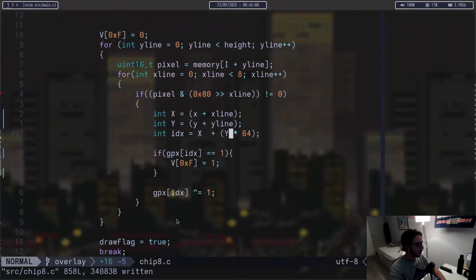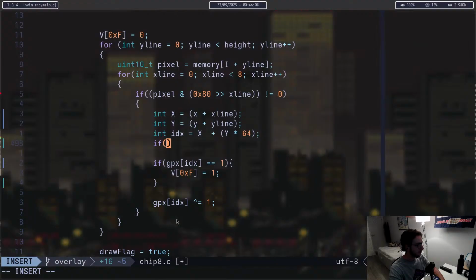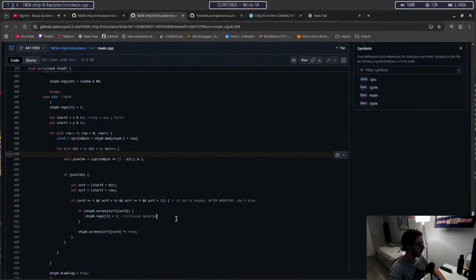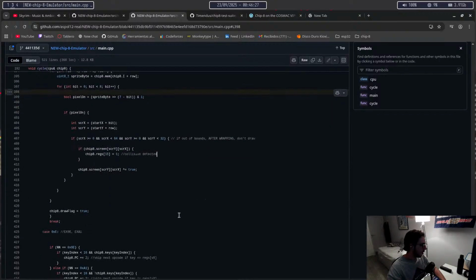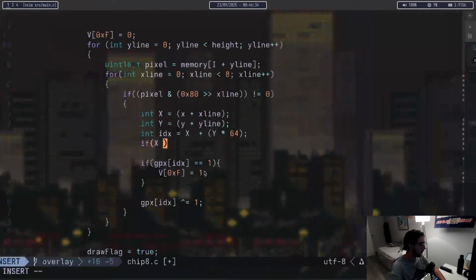Okay. So I guess I should do it in here where I say if the screen x. Okay, so if x in this case. Okay, so I guess, okay, I was getting it the wrong way.